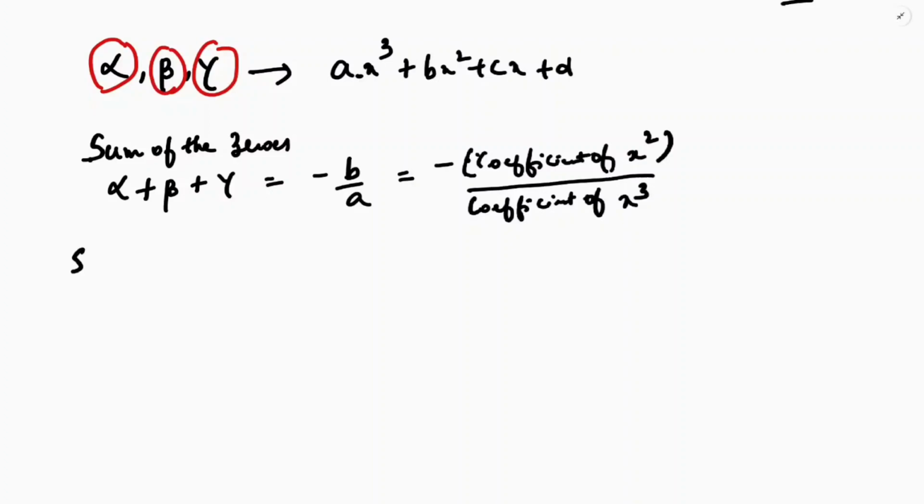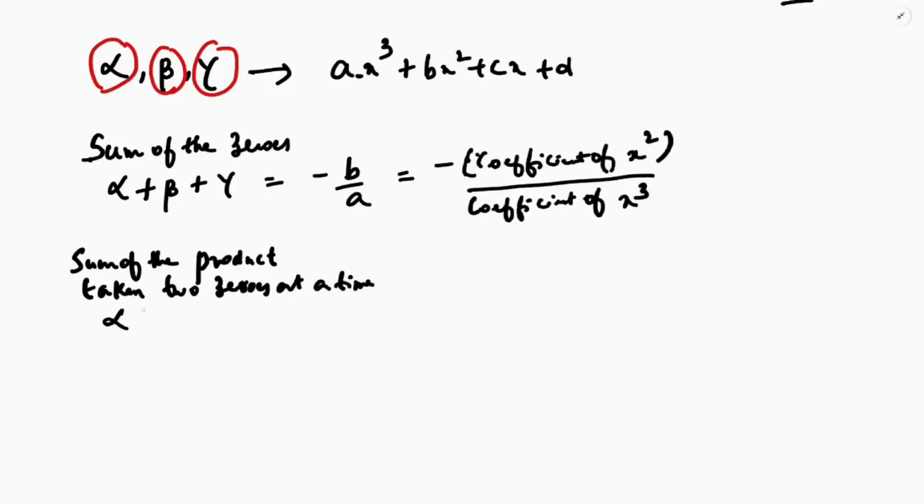Next, sum of the product taken two zeros at a time. So here alpha beta plus beta gamma plus gamma alpha.